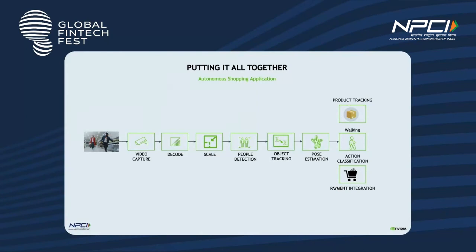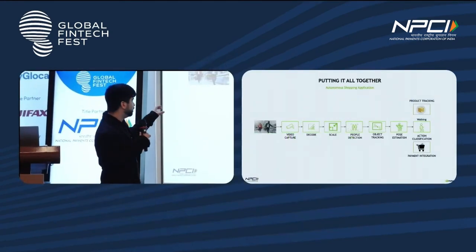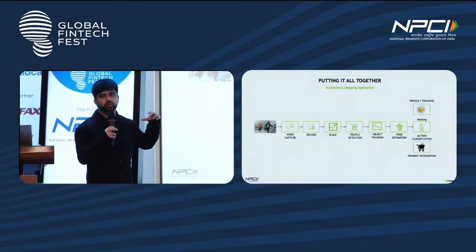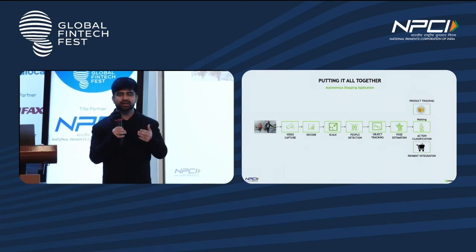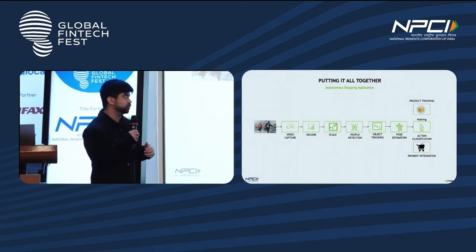Yeah, so as you could see, there were multiple modules involved within this entire experience. Specific to what we saw previously, you have the sensory data in terms of the live feed coming in from the cameras. Then you decode these feeds into certain industry standard formats like H.265 and H.264.